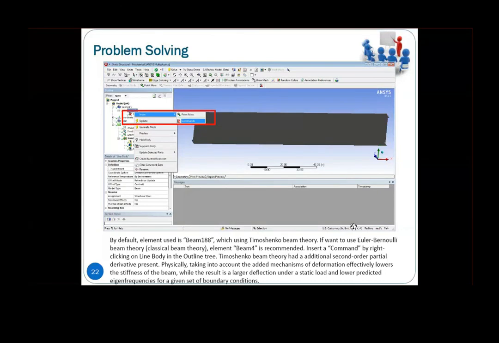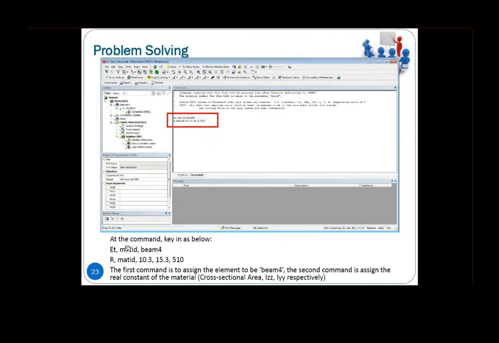So I'm using Euler-Bernoulli. So here you can set the I, the second moment of inertia. Then you have the areas, right? 10.3 is our area, right?